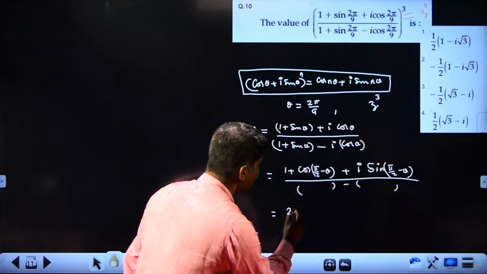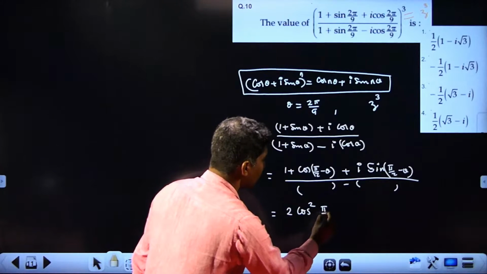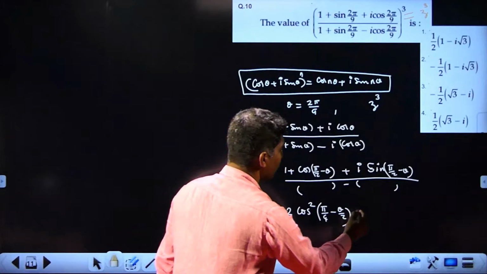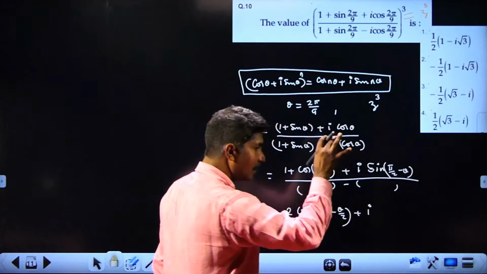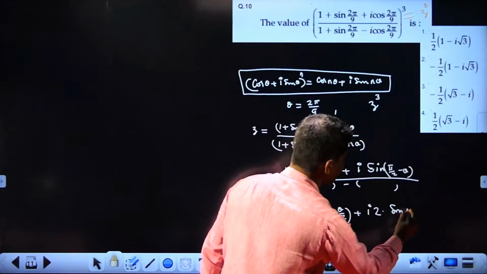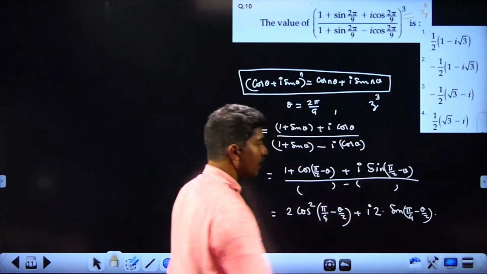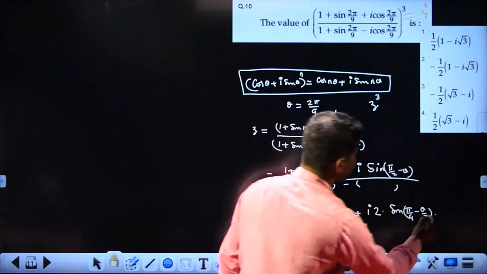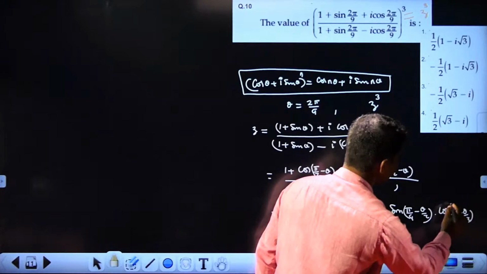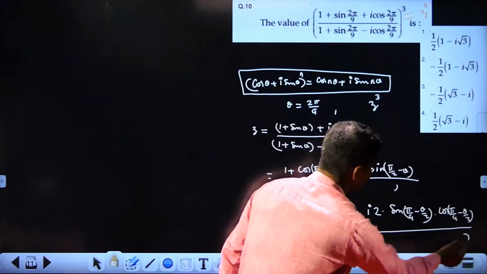So, what is it? 2 into cos square of pi by 4 minus theta by 2, remember, cos square theta by 2 plus i into sin theta is 2 sin theta by 2 cos theta by 2. 2 into sin pi by 4 minus theta by 2 into cos pi by 4 minus theta by 2. The same thing will be there in the denominator also with a conjugate, with a minus.